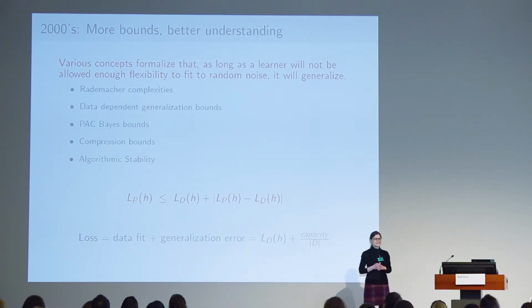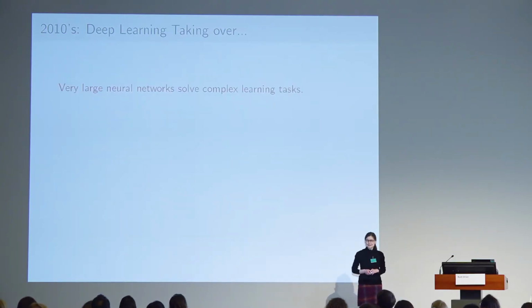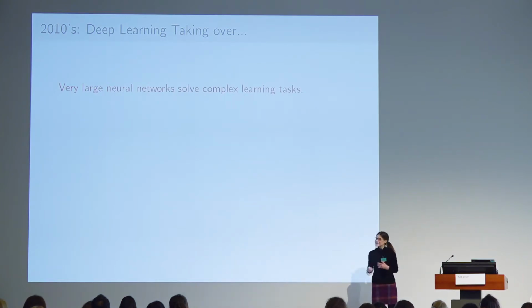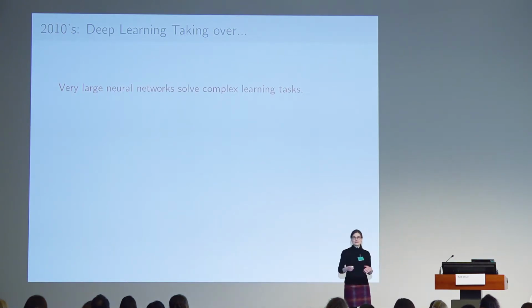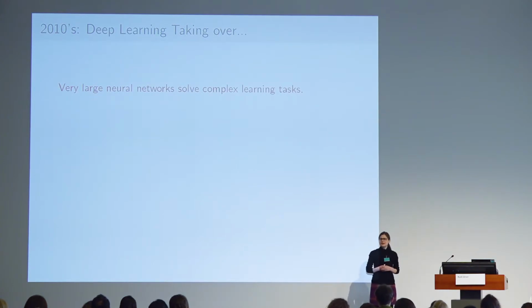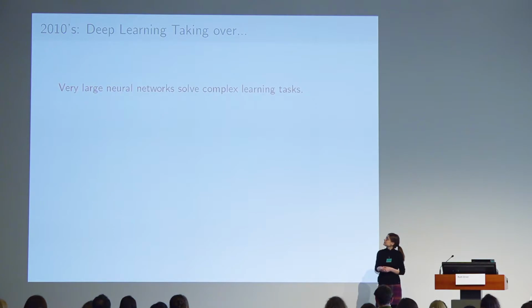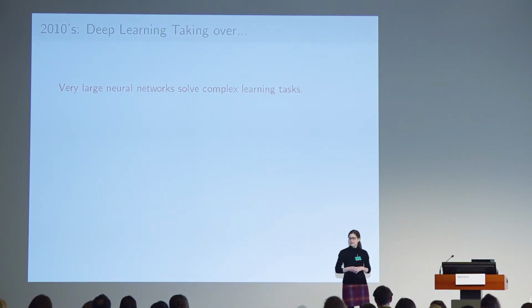And then what happened in the next decade? So then, I guess as we all know, since 2010 to 2011, all these methods have really been taken over by deep learning. We've heard examples of this, right? Deep networks have been very successful at image classification tasks. They have also now been very successful in reinforcement learning, playing games.